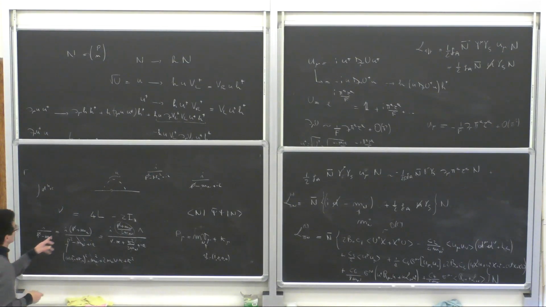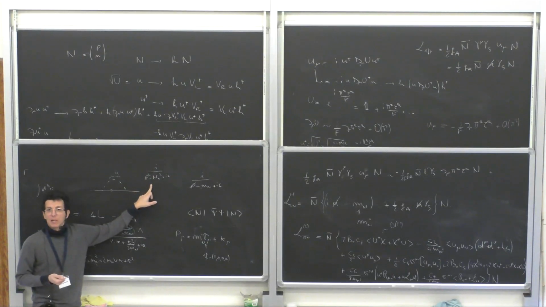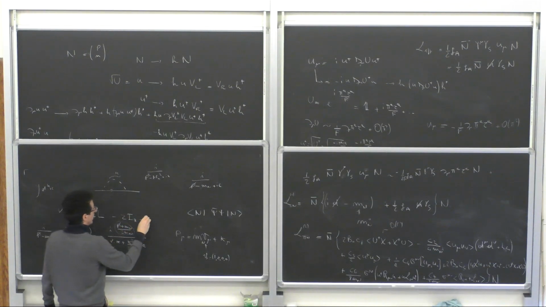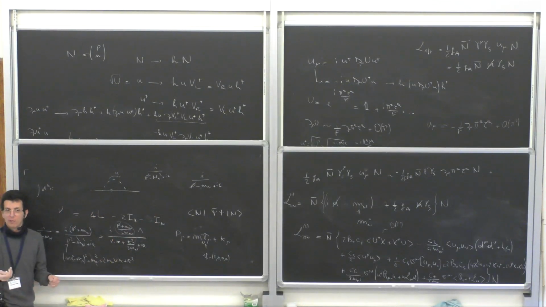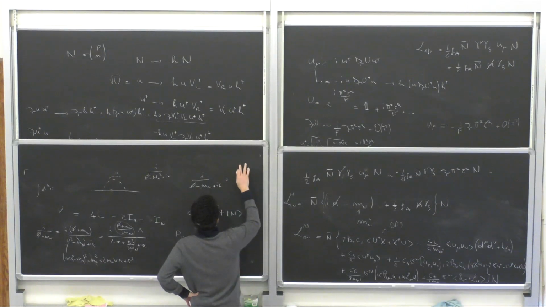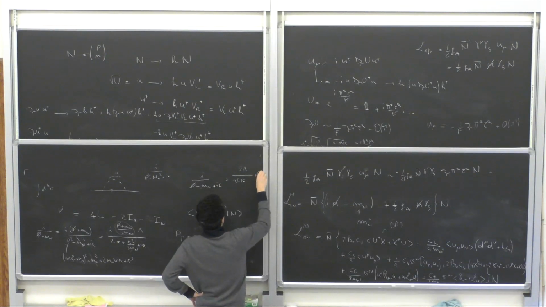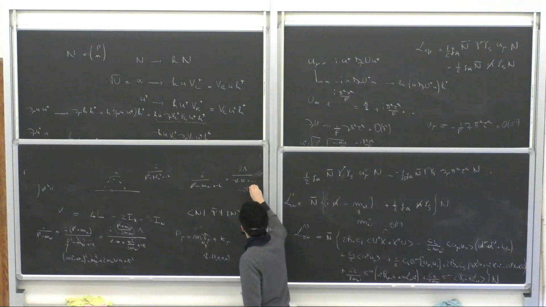But the truth is that nucleon propagators bring down not two powers of soft momenta, like in the boson case, but only one power. So each nucleon propagator, i over v dot k, is of order p to the minus 1.